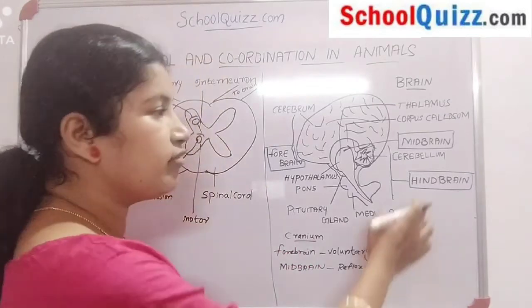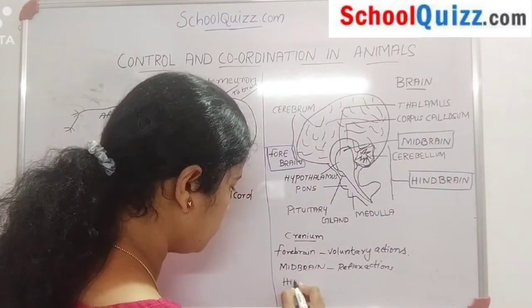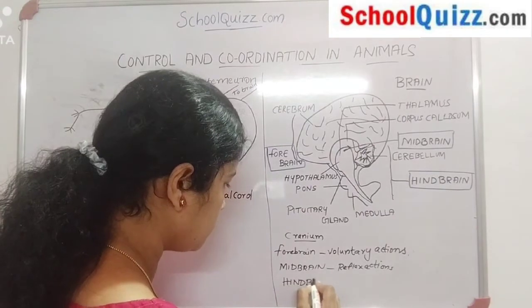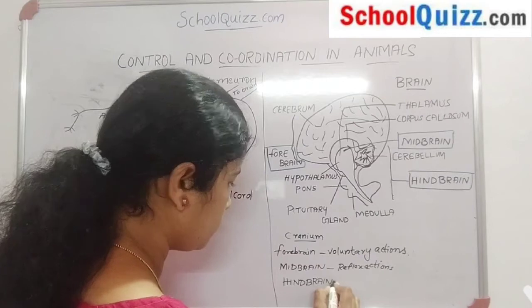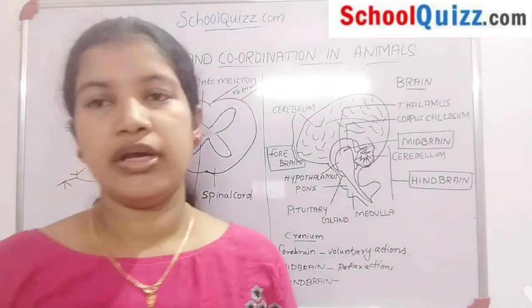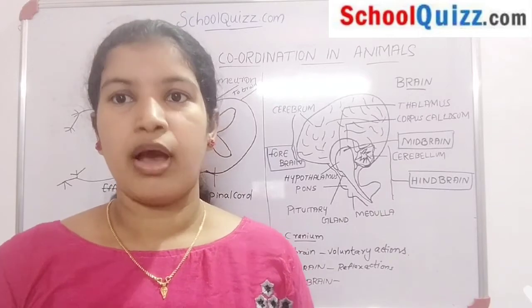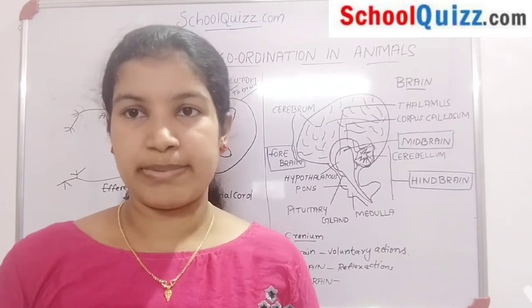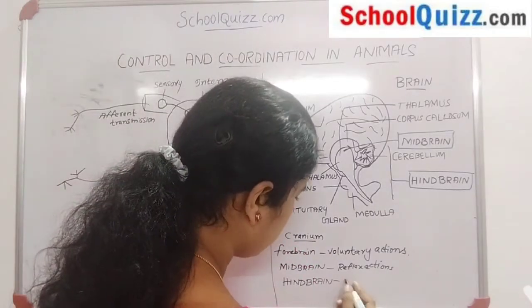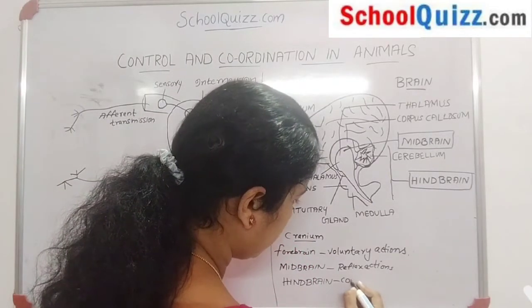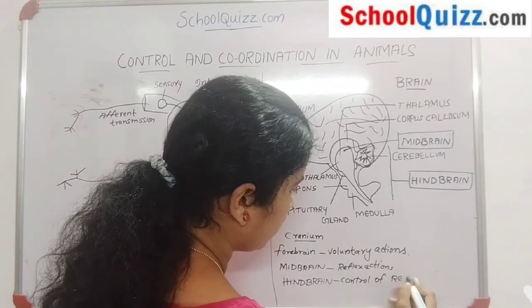Then we have the hindbrain. In the hindbrain we have the pons, cerebellum and medulla. Pons helps in the control of respiration.